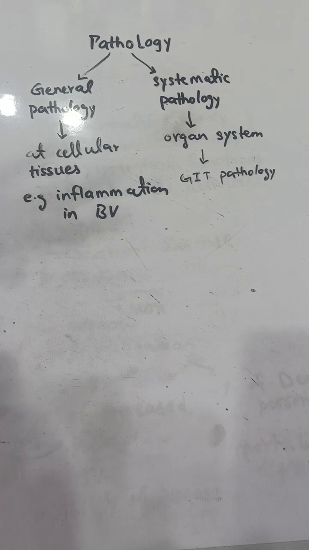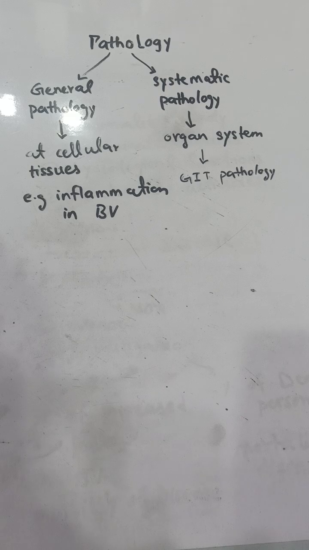So I am considering the whole organ system, not only discussing a particular organ. I am studying the whole system, and how the whole GIT is affected by a disease. So this will come under our systematic pathology.